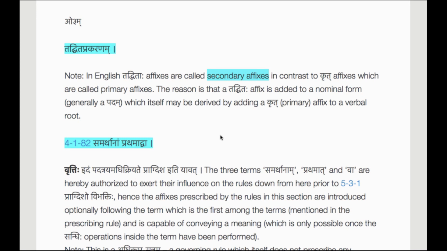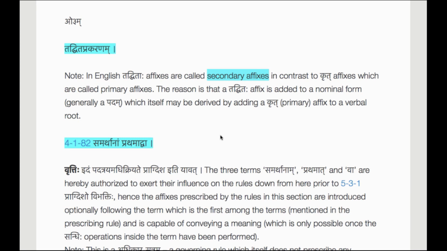So we can take the Pratipadikam Mudha, which we found by adding the Krit affix Kta to the verbal root muh, and we can use a Tadhita affix to create a new Pratipadikam, a derived Pratipadikam Maudhya. The Pratipadikam Maudhya means foolishness.